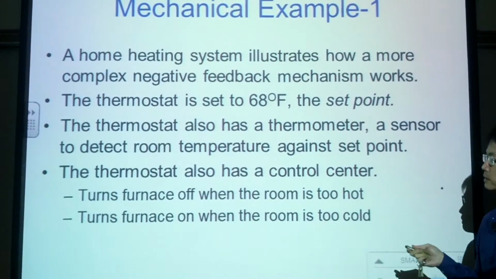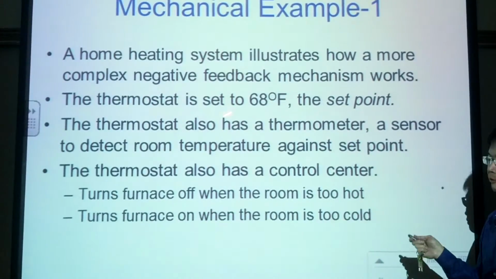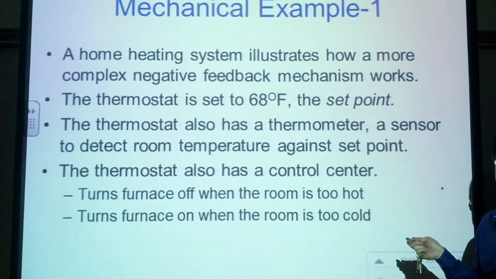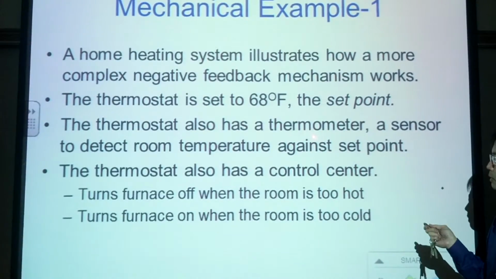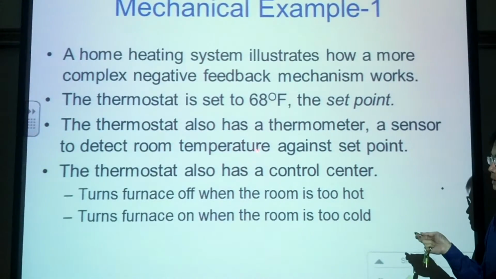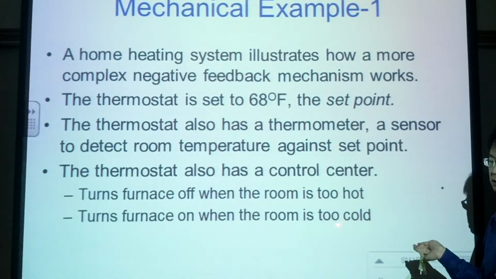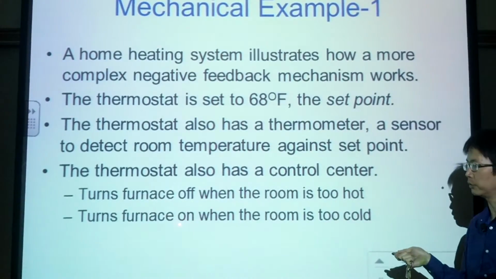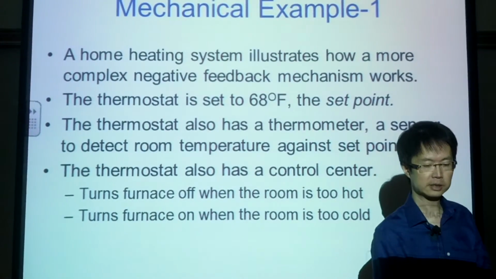And this is another example, the regulation of your body temperature. The regulation of your body temperature is like a thermostat. So you set your thermostat at a certain temperature, so that when your thermostat detects that the room temperature is too hot, the furnace will turn off. But if your room temperature is too cold, then your furnace will turn on, so that you maintain your room temperature at a certain set point.